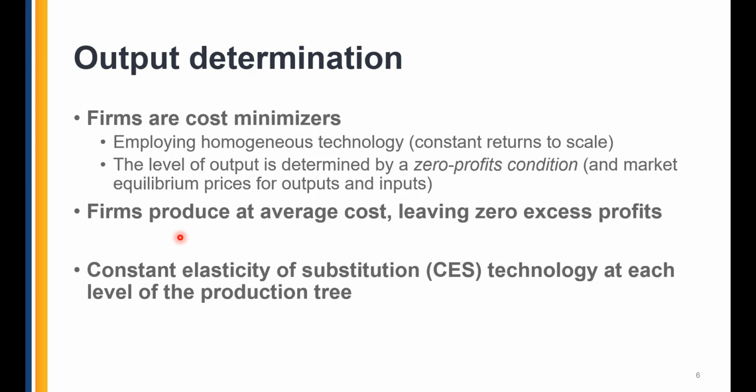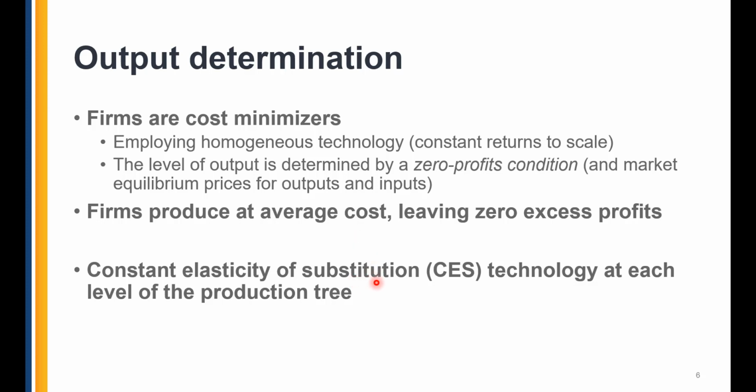So firms produce at their average cost. The market determines the price that will achieve equilibrium. That then gets set as the unit cost, and firms will exhaust that price received on inputs.